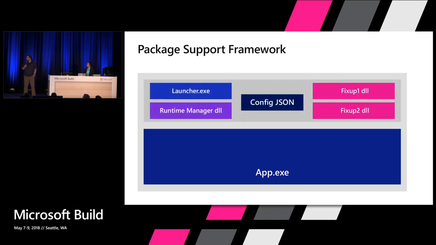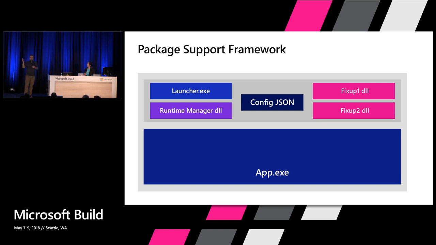Peeking into this framework, it consists of a number of components. The first thing we do is change the entry point for your application. Instead of app.exe, we'll launch our own launcher.exe that comes as part of the framework. This launcher.exe reads the configuration file, which specifies what kind of fix and what level of fix needs to be applied.